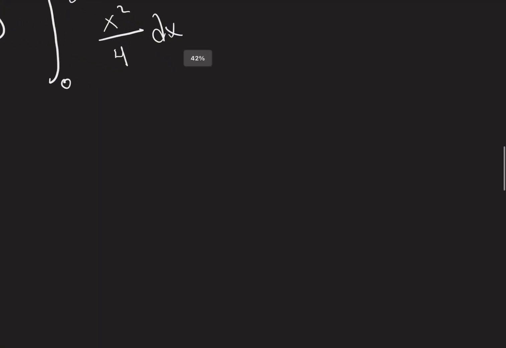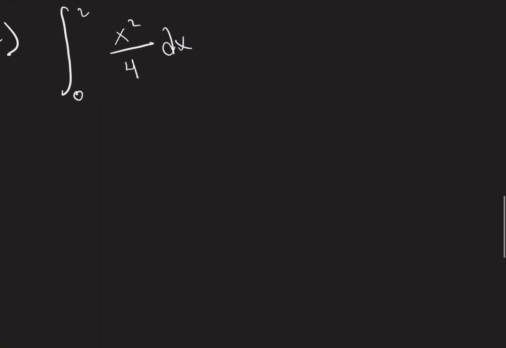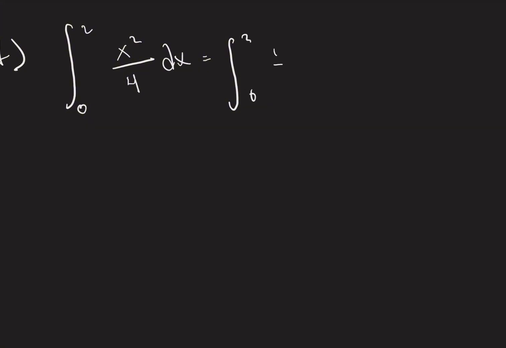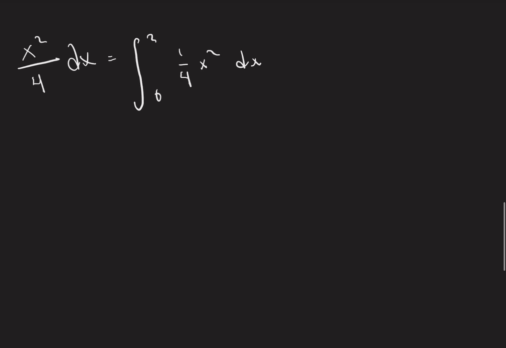Basically, we can see here that x squared is being multiplied by 1/4. So it'd be the integral from 0 to 2 of 1/4 times x squared dx, right?